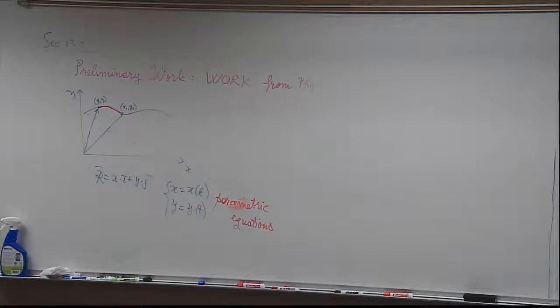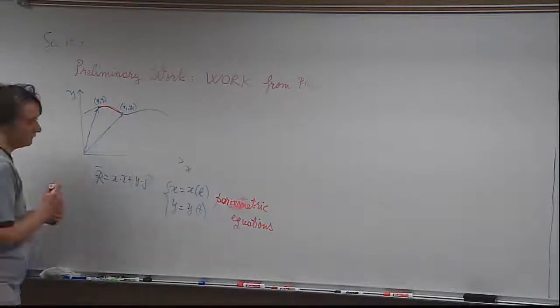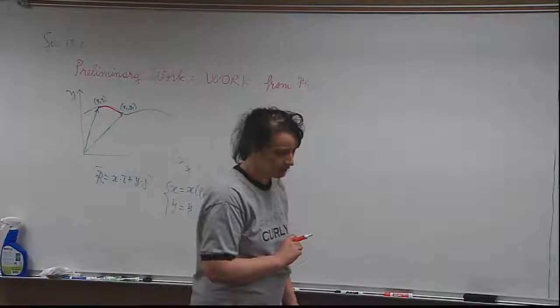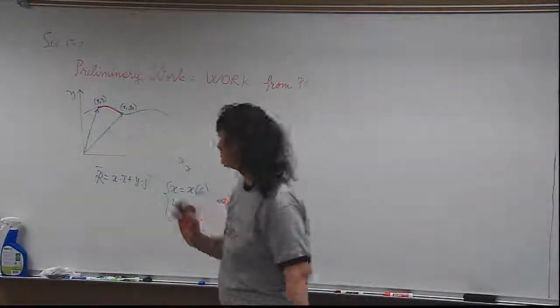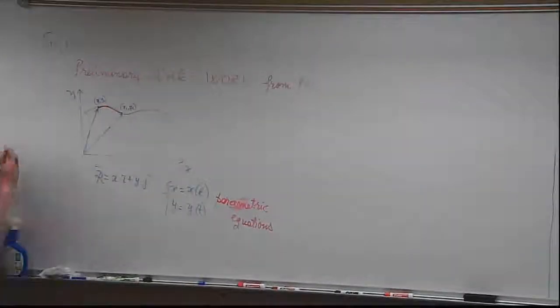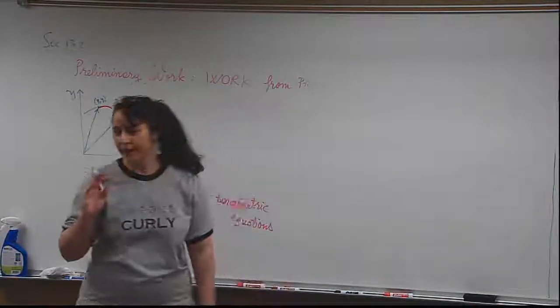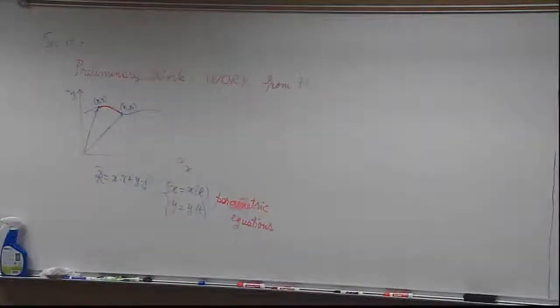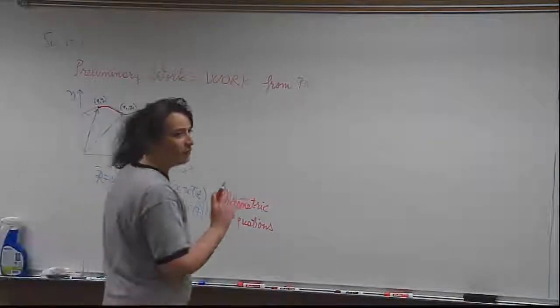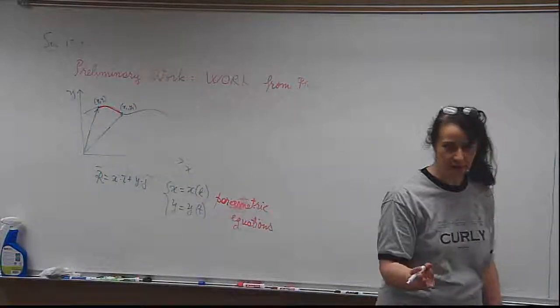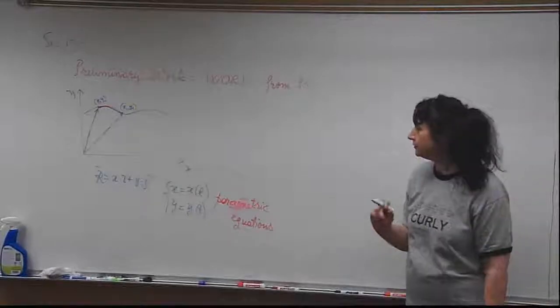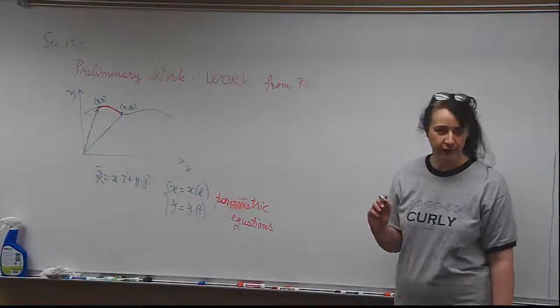Good. So I have, may the force be with thee, I have a force. And I have some sort of displacement, but I cannot express that displacement linearly anymore. I'm moving along an arc of a curve. So I have to think differently.